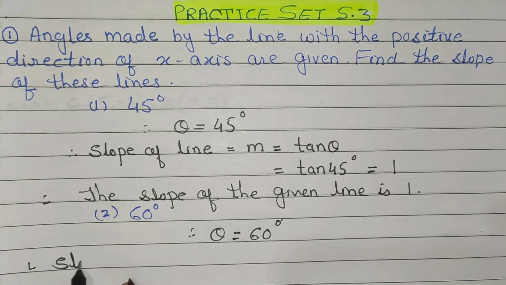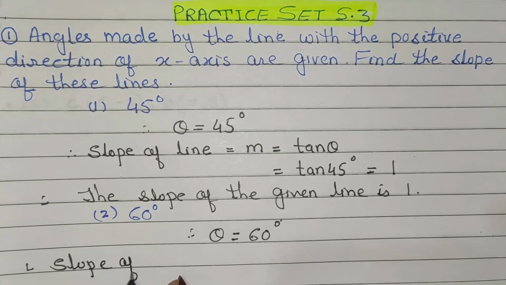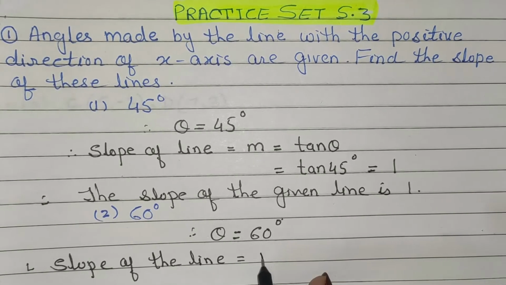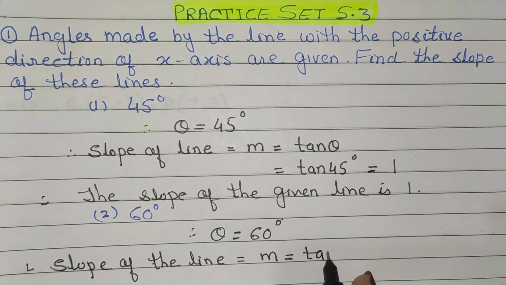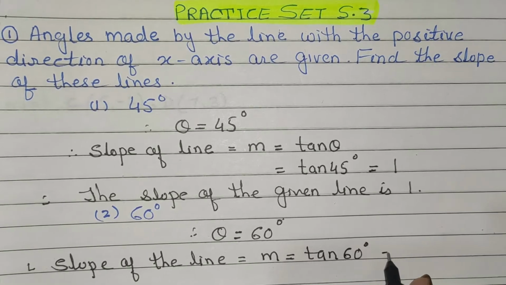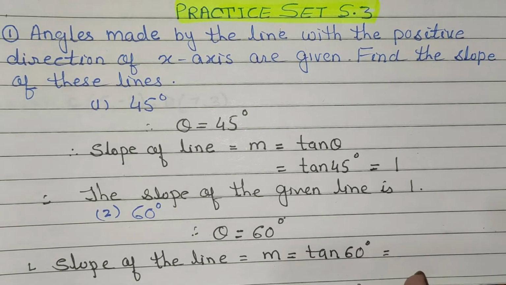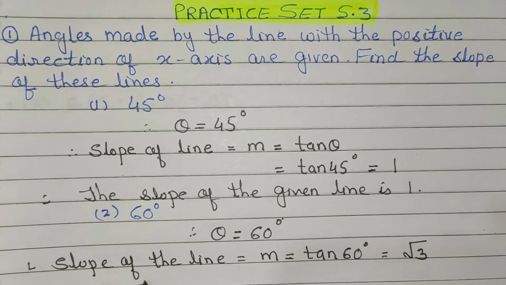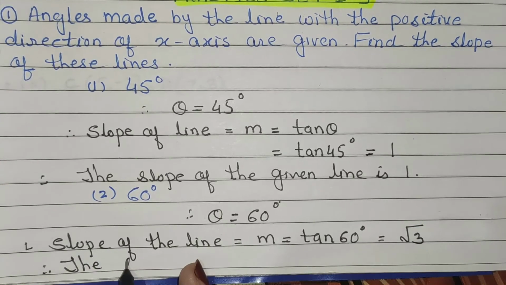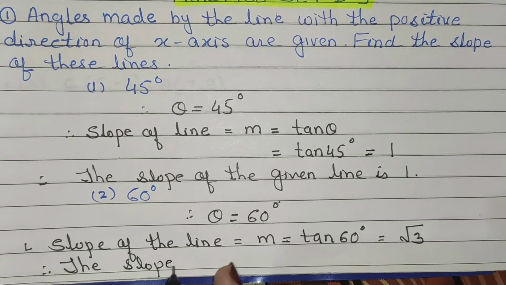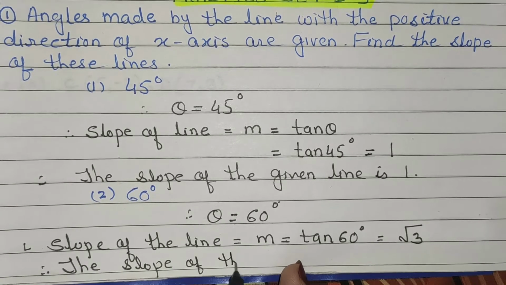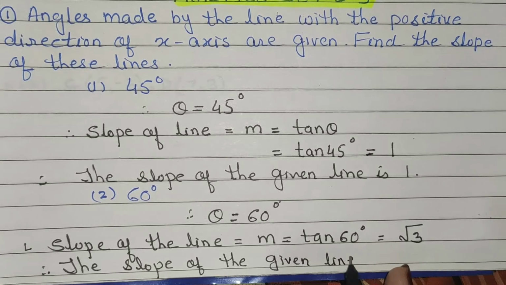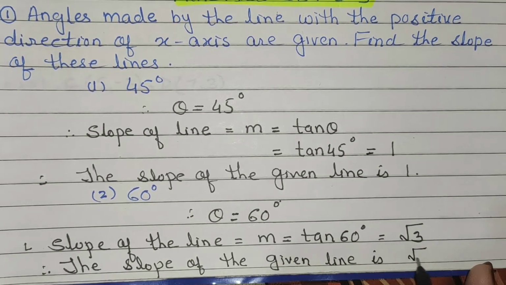Therefore, slope of the line is M is equal to tan 60. Now, the value of tan 60 is equal to square root of 3. Therefore, write down the answer here. The slope of the given line is square root of 3.